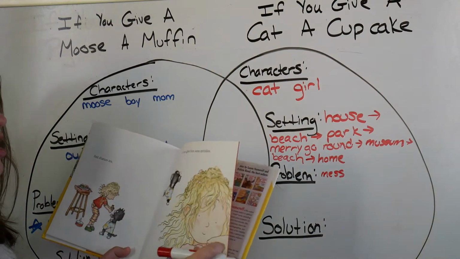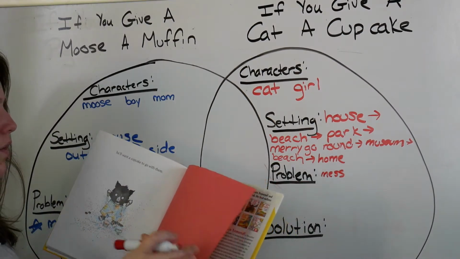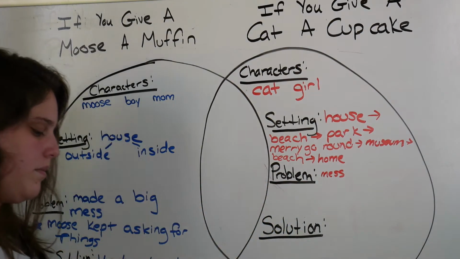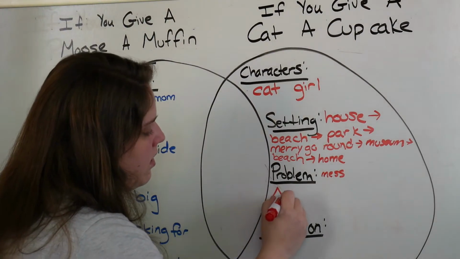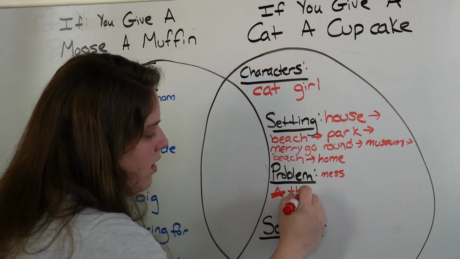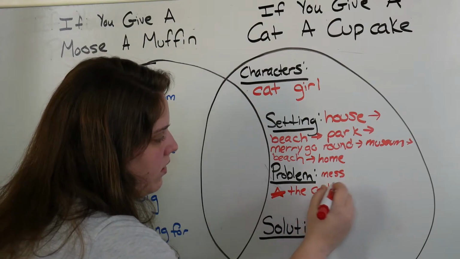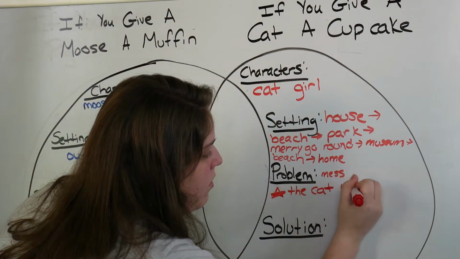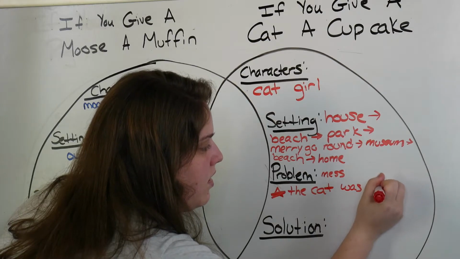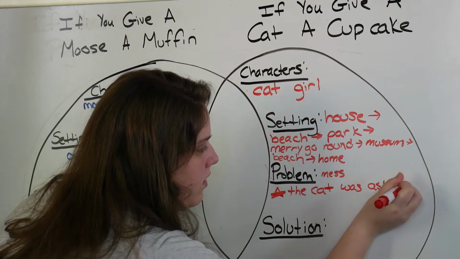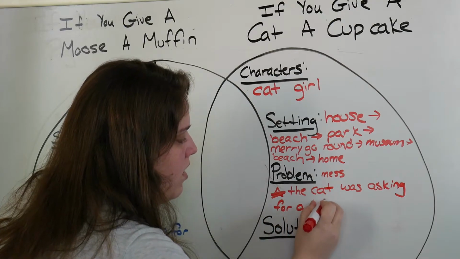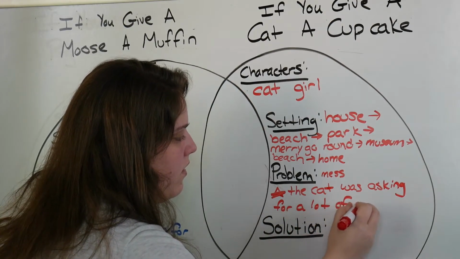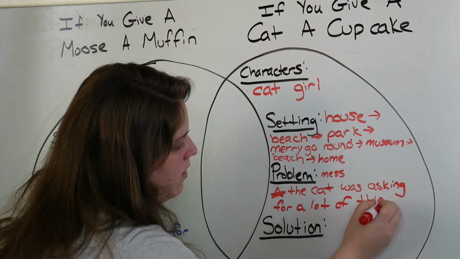And chances are, if you give him some sprinkles, he'll want a cupcake to go with them. So I'm thinking that the cat was asking for a lot of things.